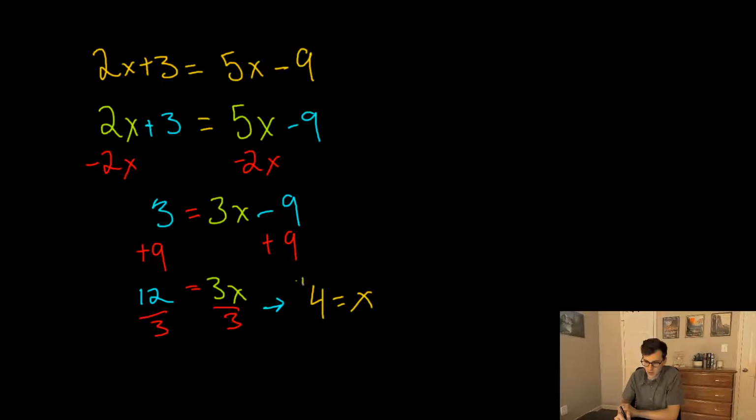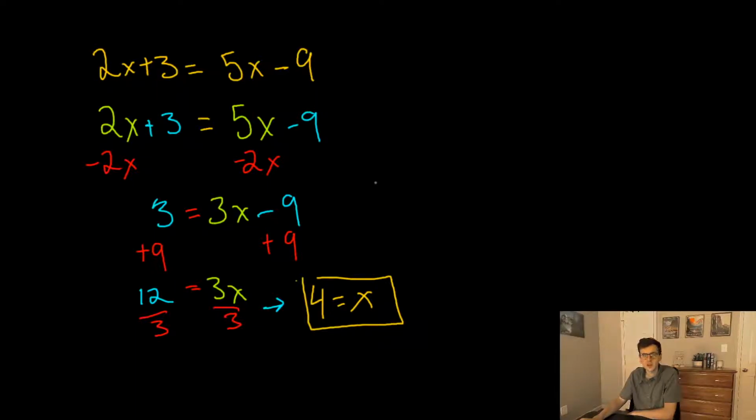So that is my final answer: x equals 4. This is really similar to one-step and two-step equations. You just make sure that you have your x's on one side and your constants on the other.